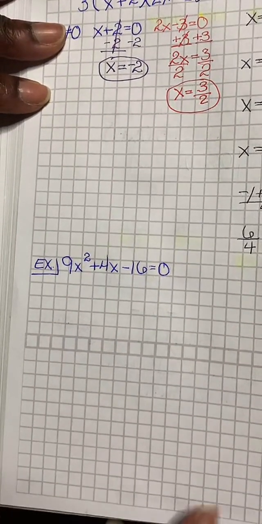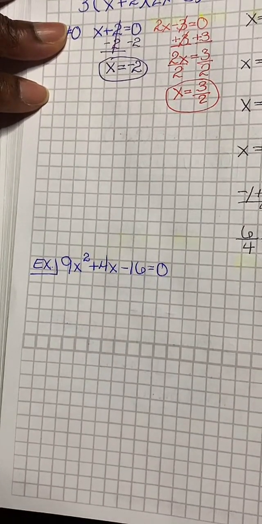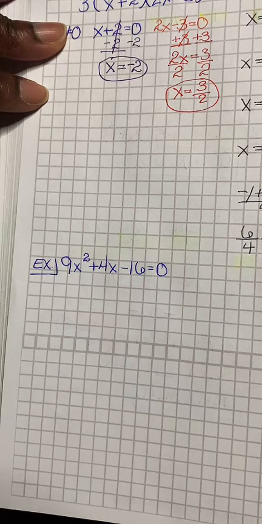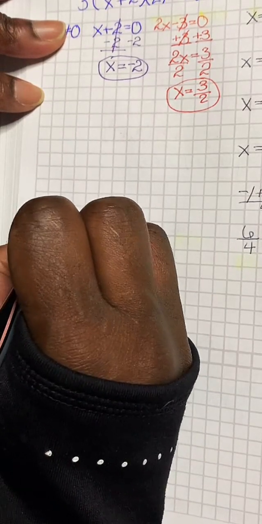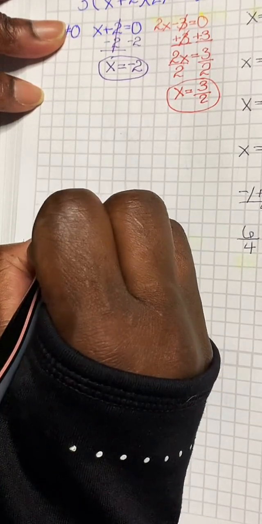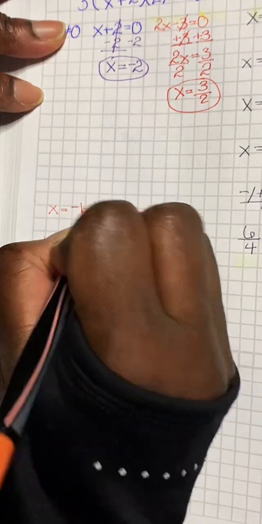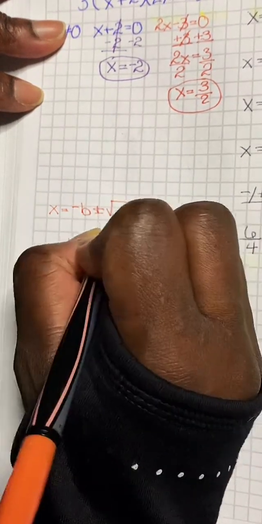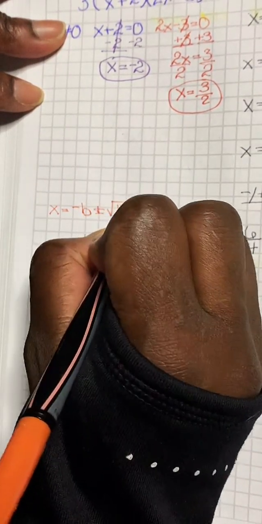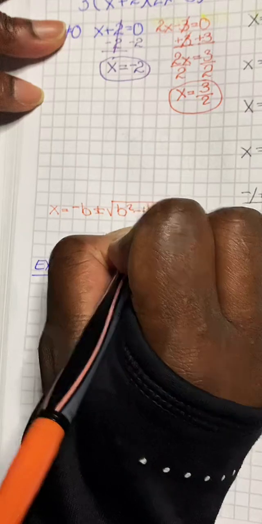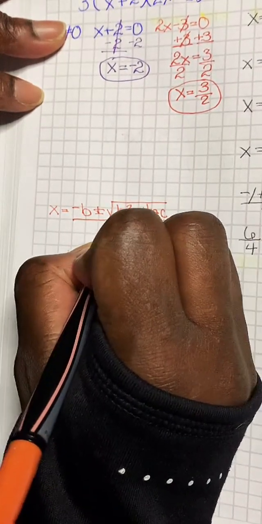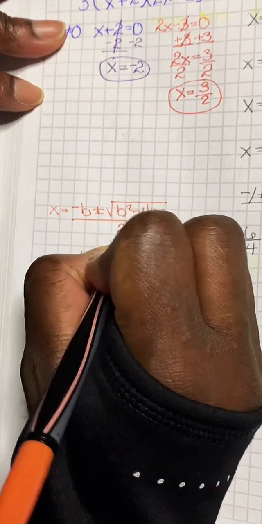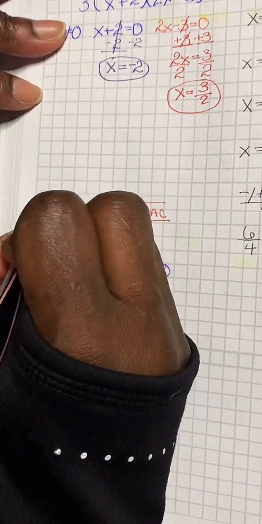So I'm going to put it up top, the formula, so we can definitely keep that in mind. So we have x equals negative b plus or minus square root of b squared minus 4ac all over 2a. So this is the formula.